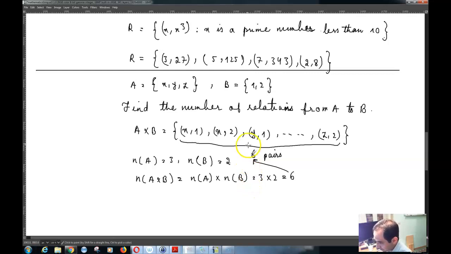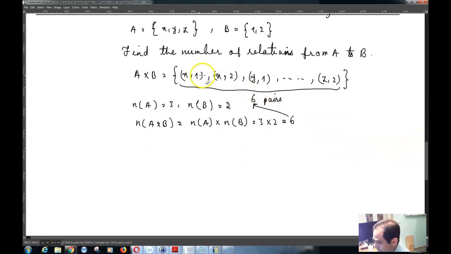Now the number of relations, now this is important, of course.